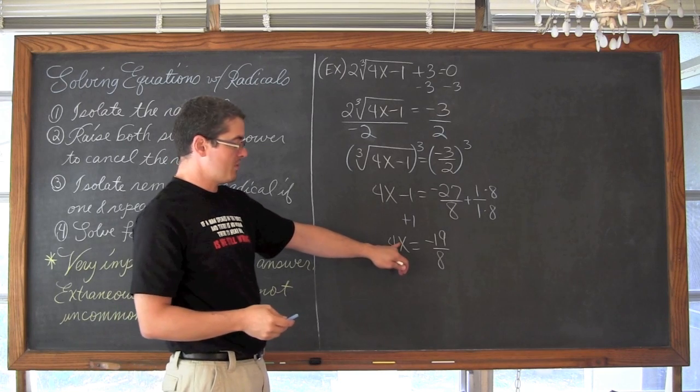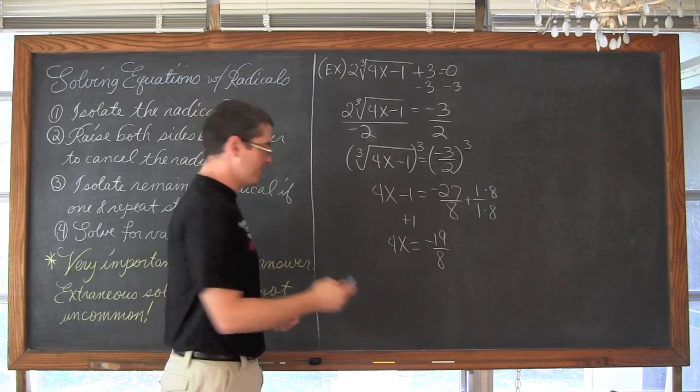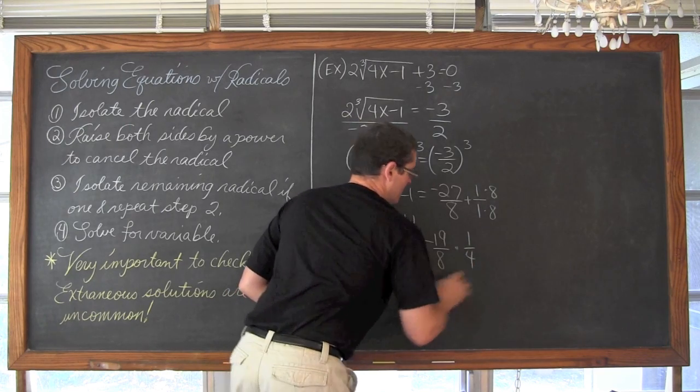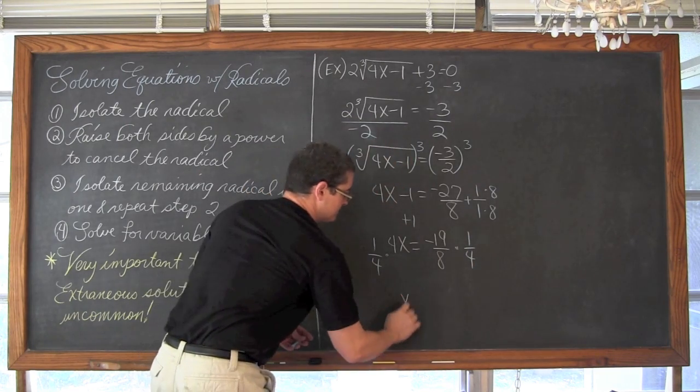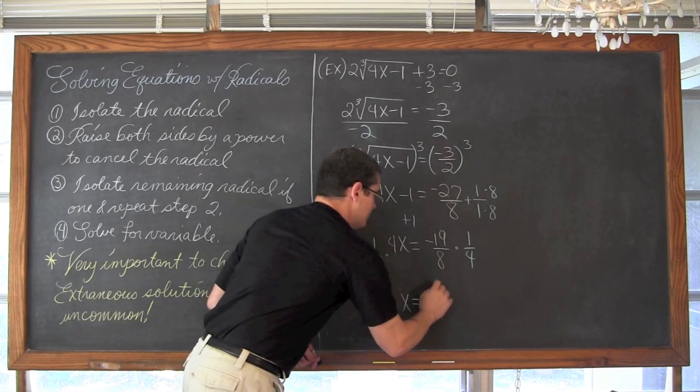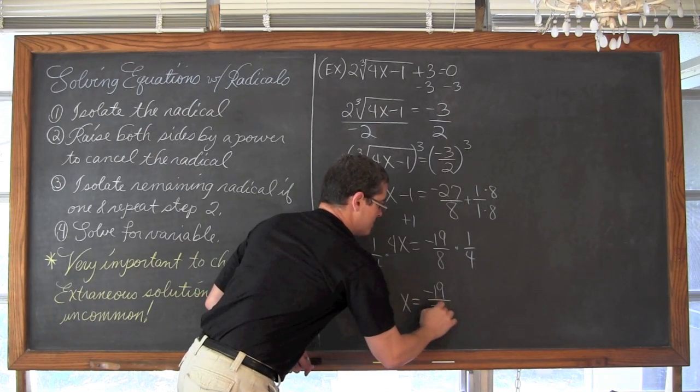So the inverse operation of multiplying by 4 is multiplying by 1 over 4. And we get x is equal to negative 19 times 1 is negative 19 over 8 times 4, which is 32.